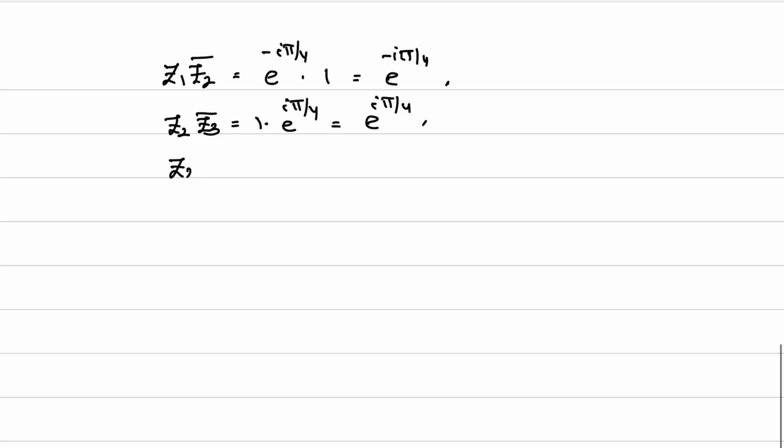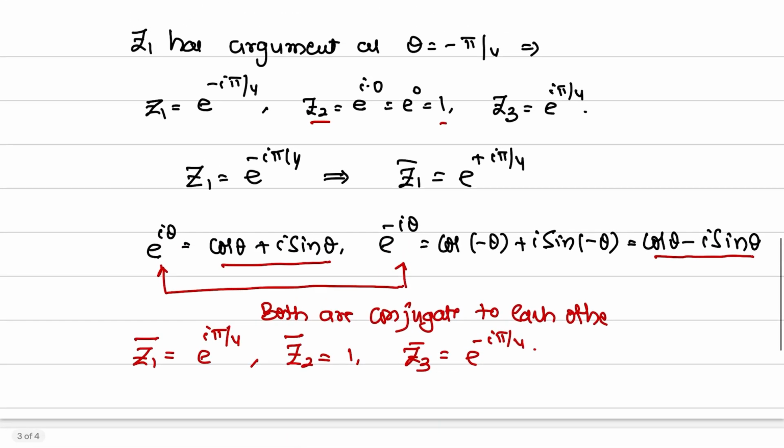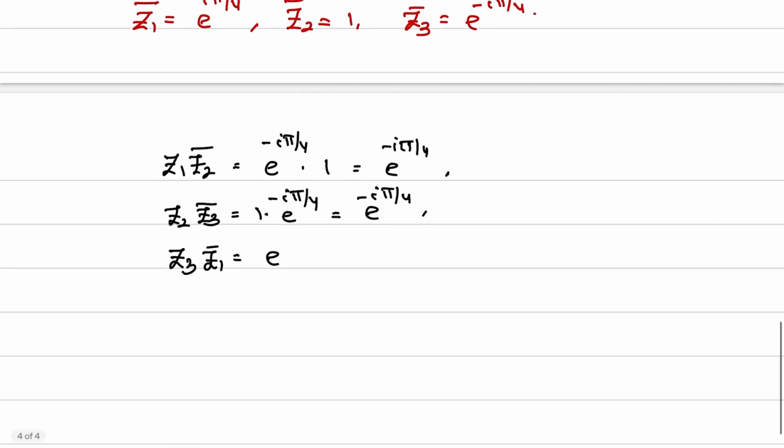Then what is Z3, Z1 bar? Z3 is e to the power of I pi by 4 and Z3 bar is e to the power of minus I pi by 4, because Z3 is e to the power of I pi by 4.